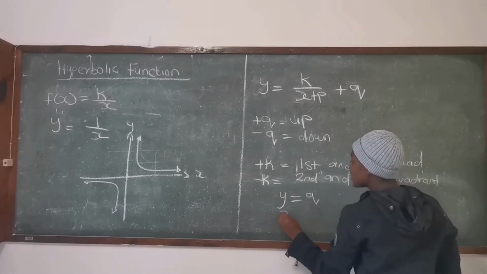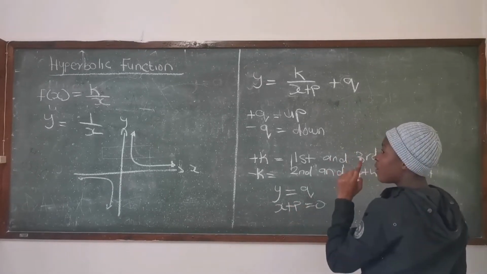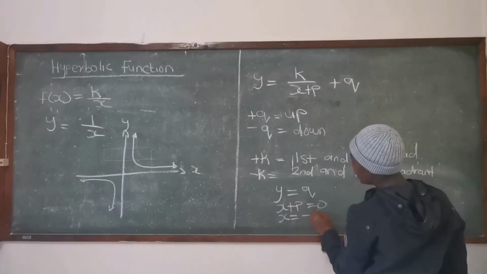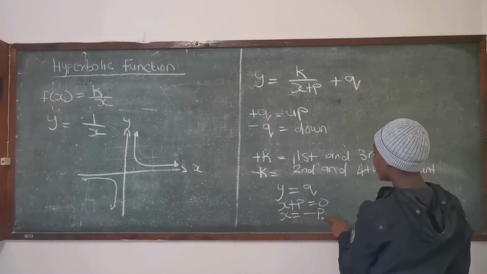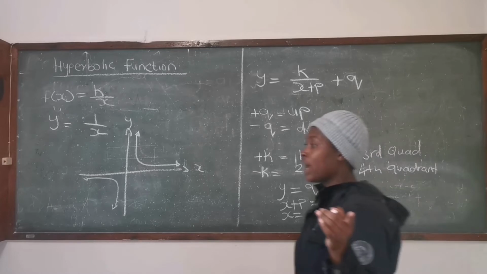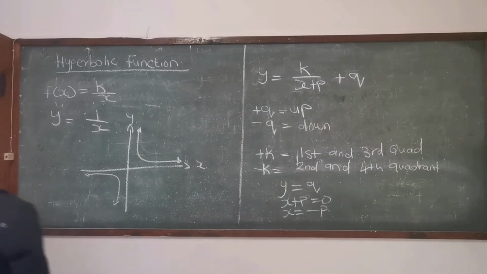Then x plus p equals 0 represents our vertical asymptote, so x equals negative p if we were given a formula like this. Now I'm going to teach you how to sketch a hyperbolic function.